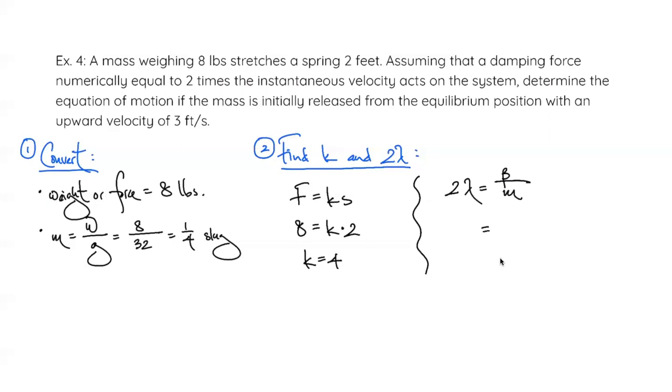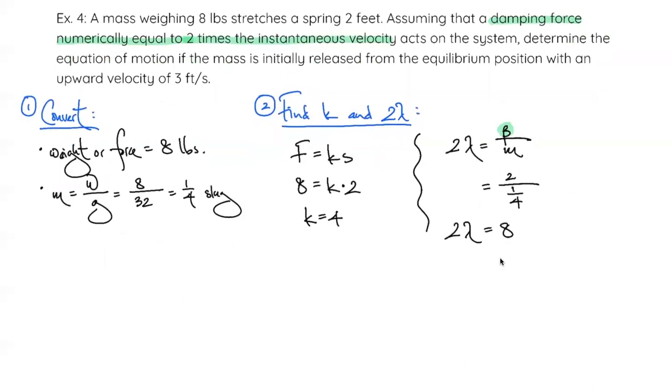But our beta, and this is new, is told to us in a slightly different way: when they say there is a damping force numerically equal to 2 times the instantaneous velocity, what that means is your beta equals 2. And our mass, which we found in the very beginning, is 1/4. And so we end up with 2 lambda equals 8. We're going to grab both of these values and use them to help us write that differential equation.